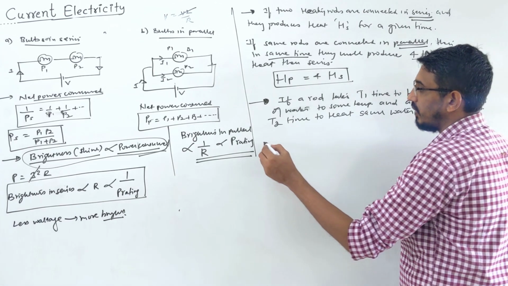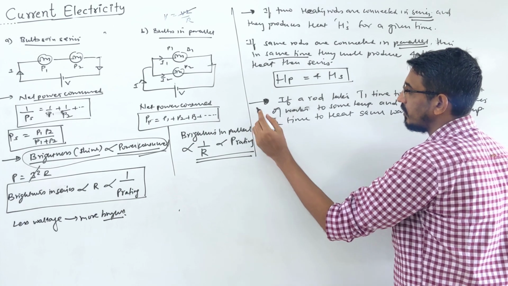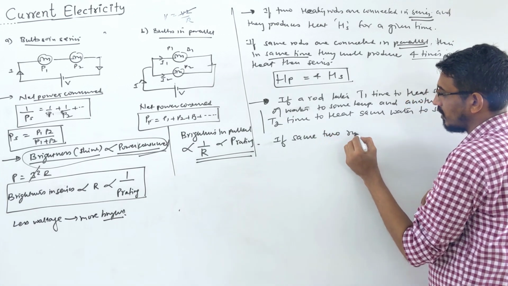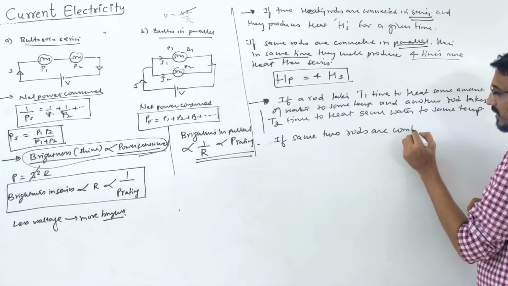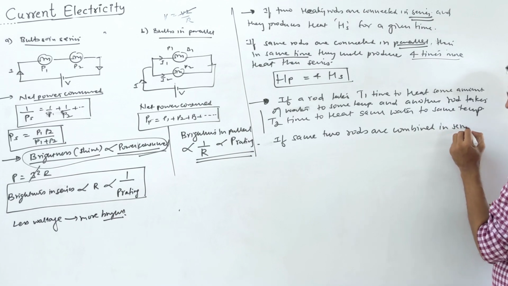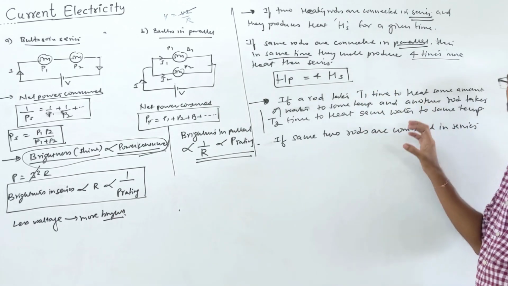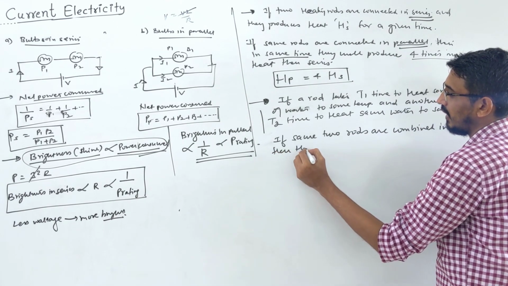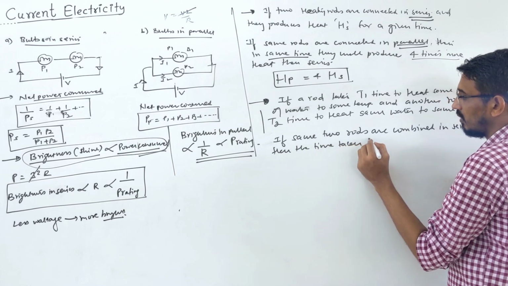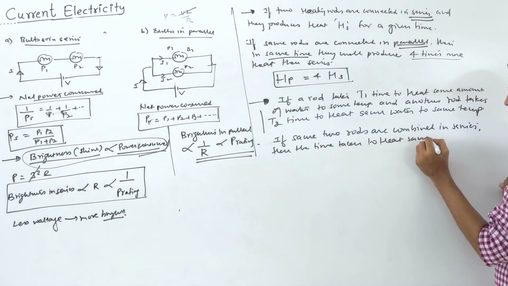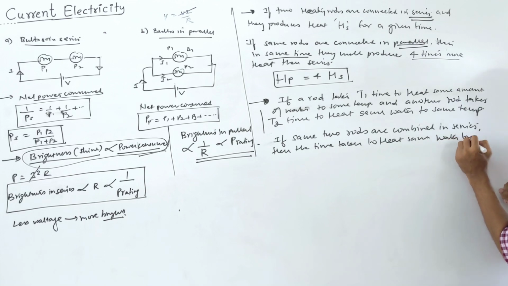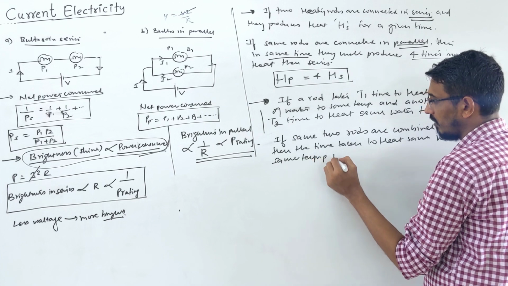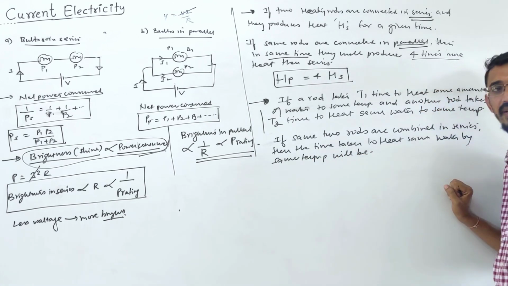Now watch carefully. If the same two rods are combined in series, then the time taken to heat the same water by the same temperature will be, what is the answer?